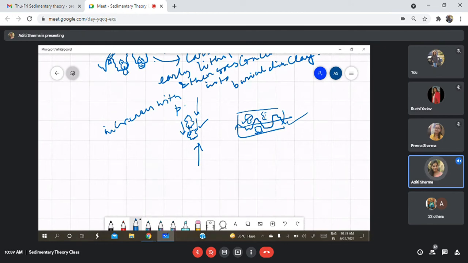But the clay content within the carbonate, the associated clay, will not go into dissolution. So what will happen? The insoluble clay will be concentrated along the plane along which the carbonate is going into dissolution.